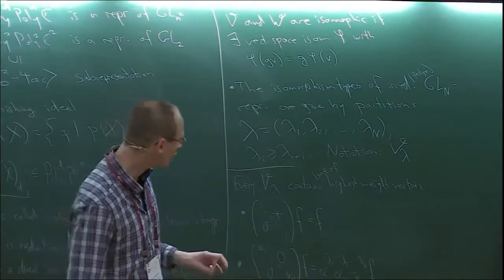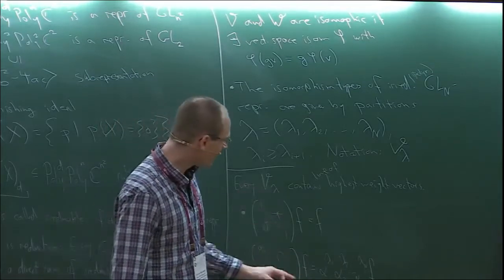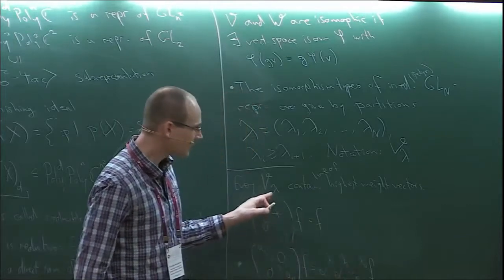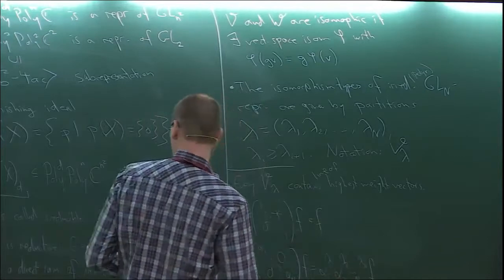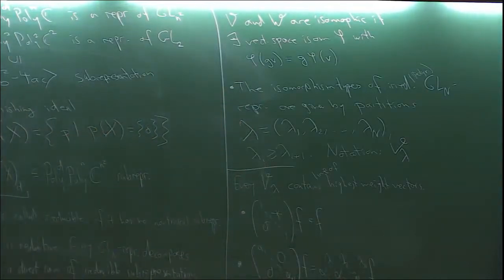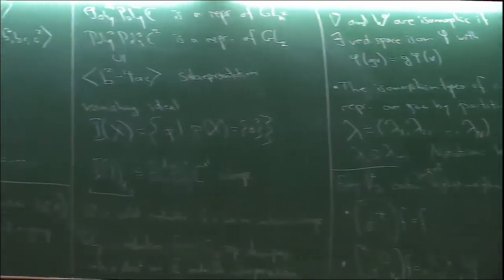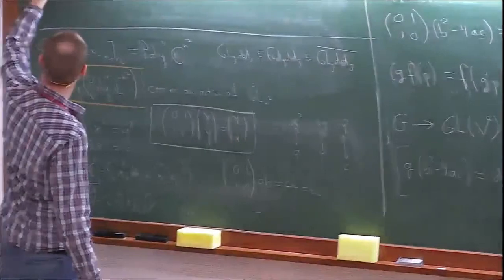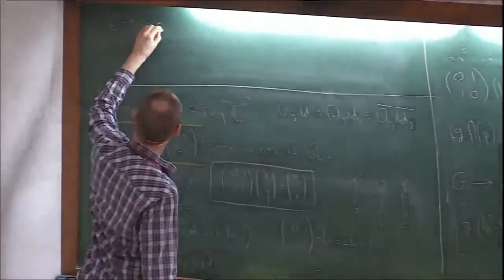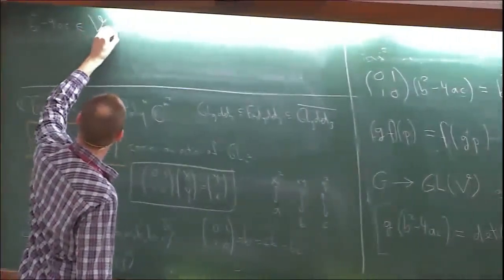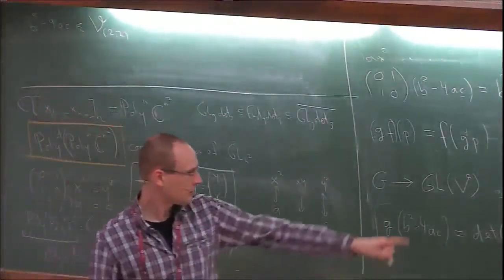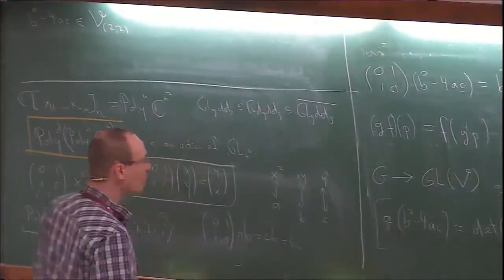So it's a highest weight vector, and this lambda is exactly its type. So we conclude the discriminant lies in a V22. It's lying in some representation. It is a highest weight vector, so b squared minus 4ac lies in a V22. It satisfies precisely the properties that I wrote down there.